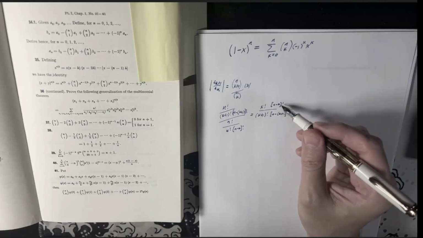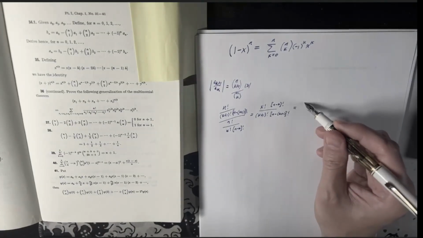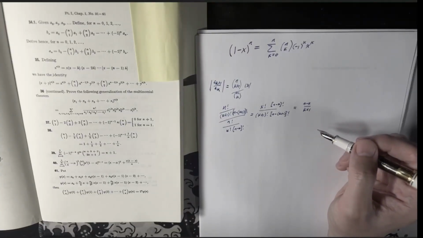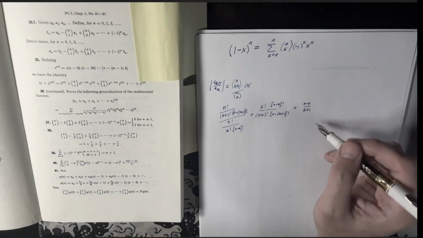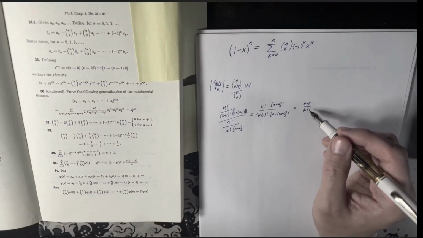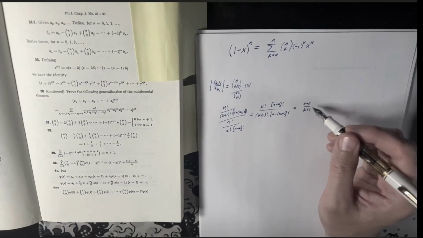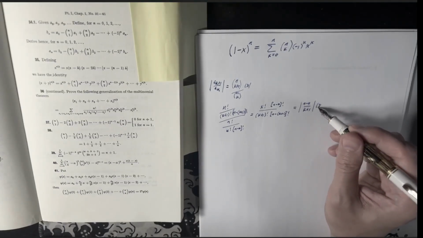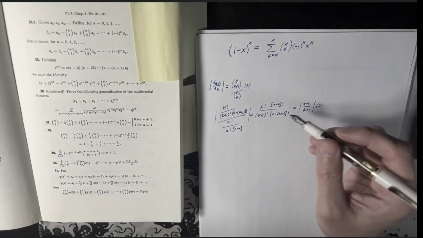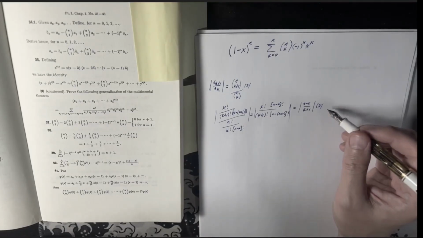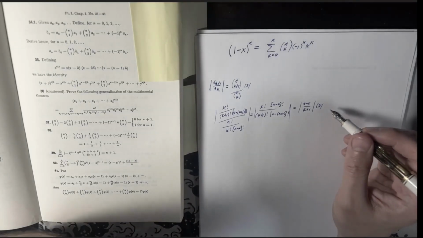So there's an extra term there, and there's an extra term here. So we're getting n minus k over k plus 1, evidently. Okay, and we're taking the absolute value of that. So yeah, I guess it didn't affect anything.